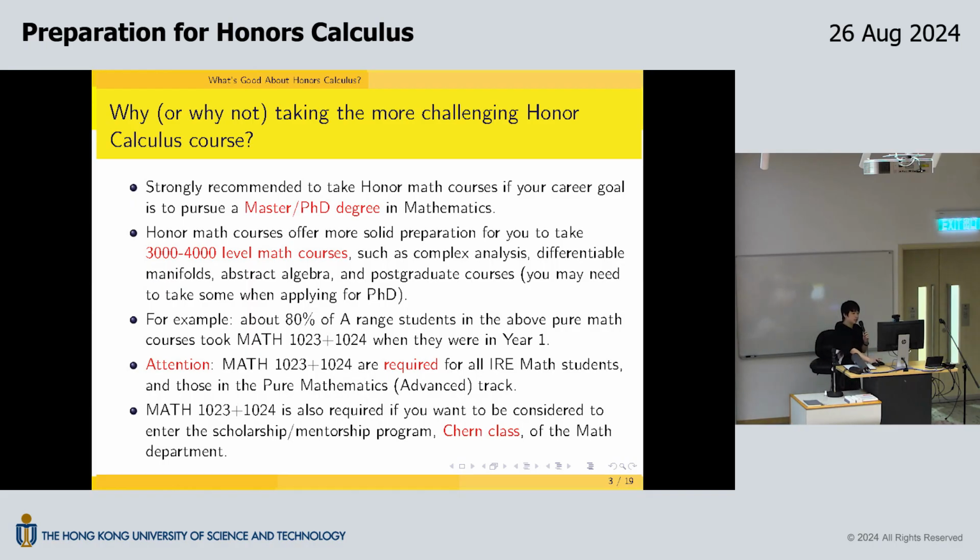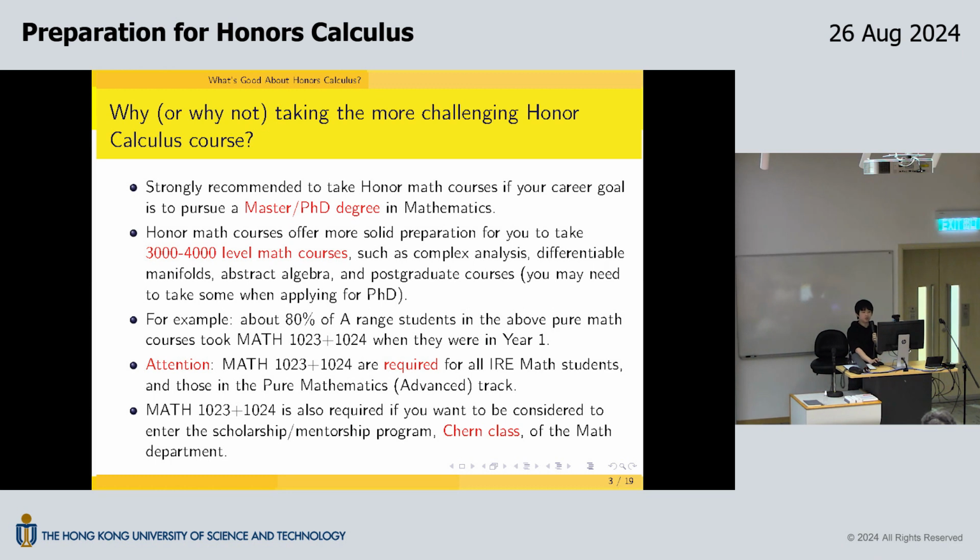Next, if you want to take more advanced courses in math, if you're a math major, then you should choose some of the 3000 level and 4000 level math courses in your senior years, such as complex analysis, manifold, abstract algebra, or even graduate level courses. This honor calculus course will offer you a solid preparation for these more advanced math courses.